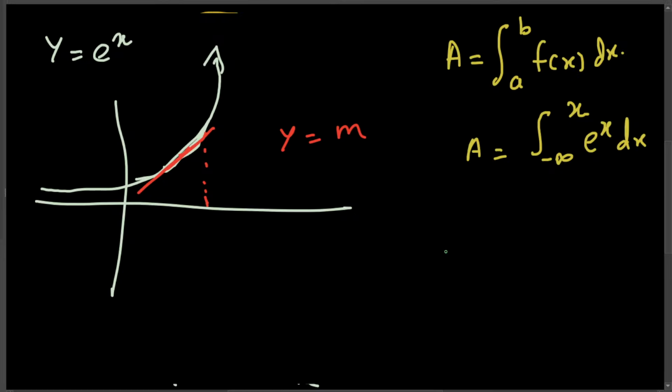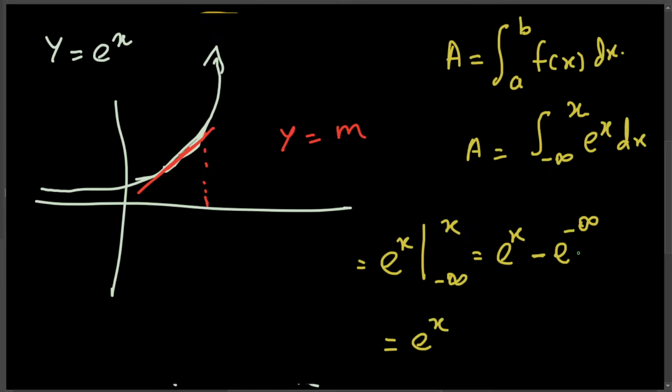Now let's do the integration. The definite integral going from negative infinity to x: if you integrate e to the power x, that is still e to the power x, and then we have e to the power negative infinity. e to the power negative infinity is 0, because it is equivalent to 1 over e to the power infinity, and e to the power infinity is infinity, because we are raising to a large power, so it's an even larger number. 1 over infinity is 0 because we are dividing 1 by a very large number.